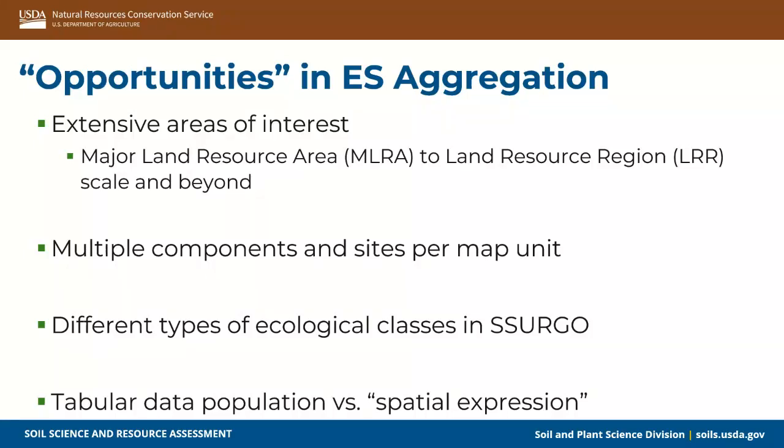And then finally, and this is really what's been of greatest interest to me, especially in my role assisting the regional GIS specialist, is understanding the differences between what's populated in the tabular parts of our data versus how that's expressed spatially in our map unit polygon and other spatial products.